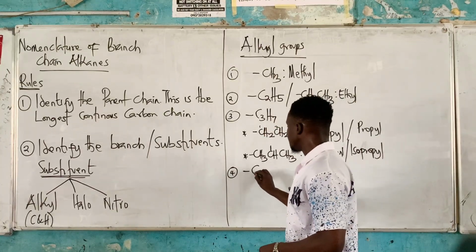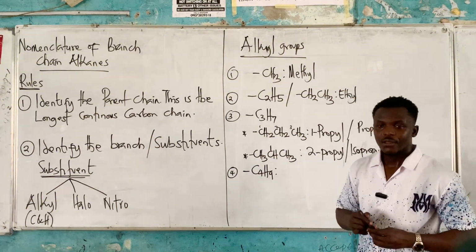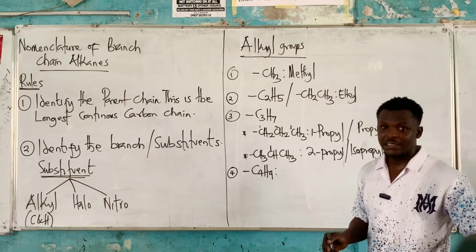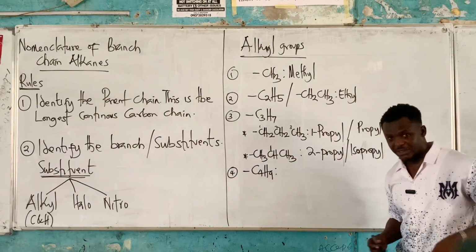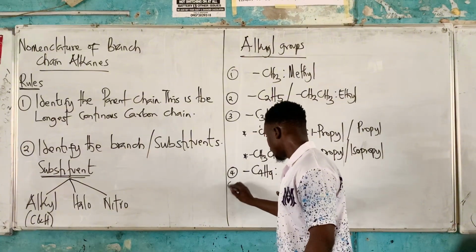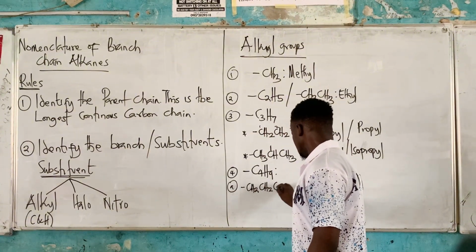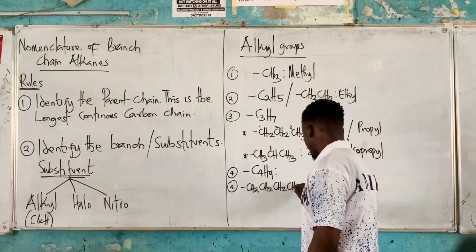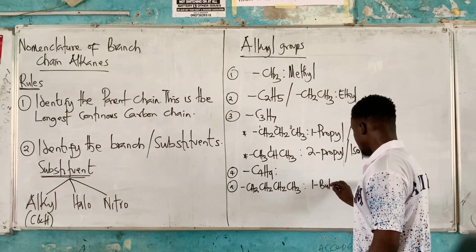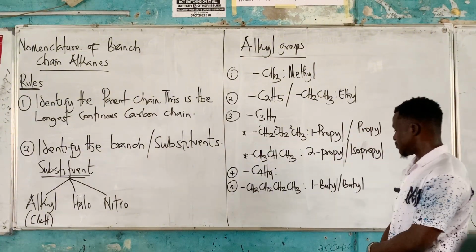We have C4H9. Now, this guy has four different ways it can be presented. The first one is CH2, CH2, CH2, CH3. This is 1-butyl or butyl.